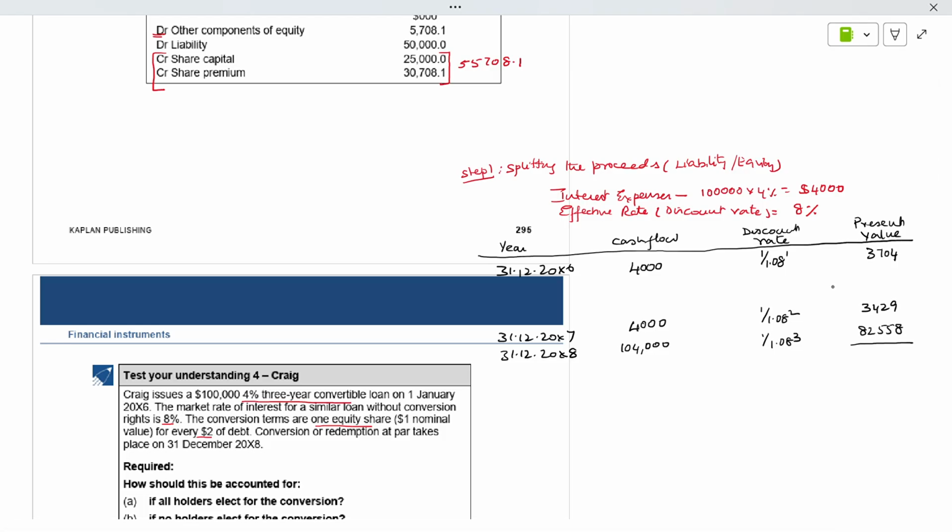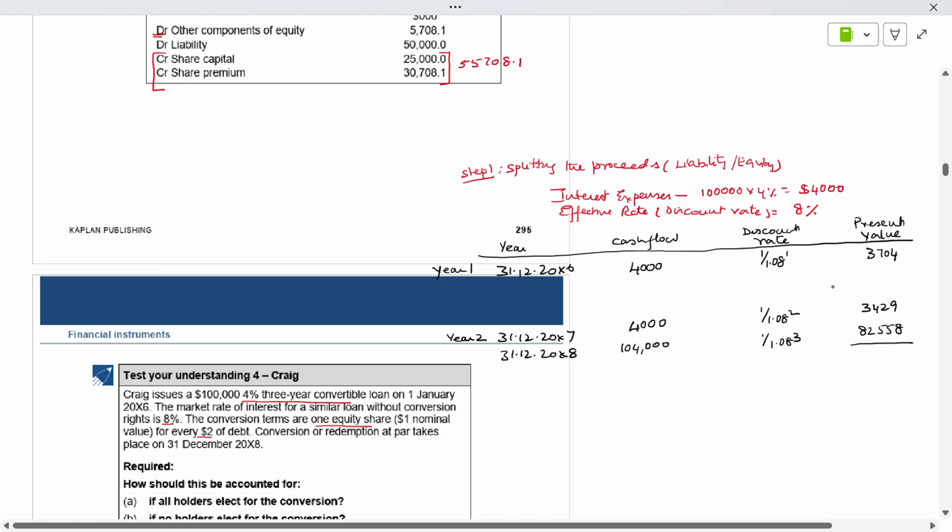Is it there with you? So the total requirement is for 3 years, right? Yes. Can you go back to the illustration? Year 1, year 2, year 3.